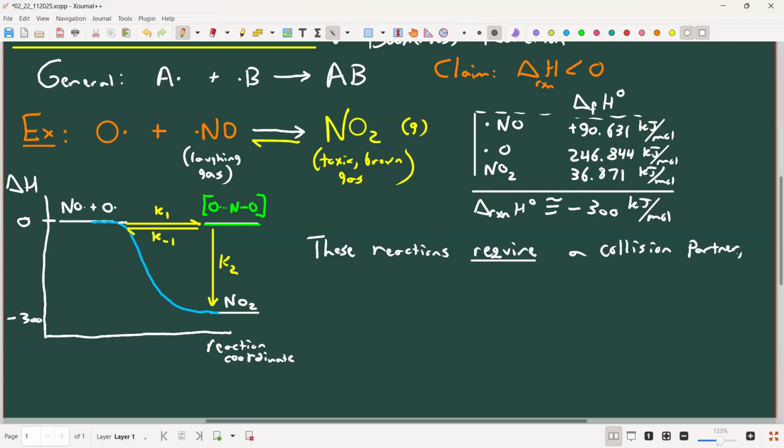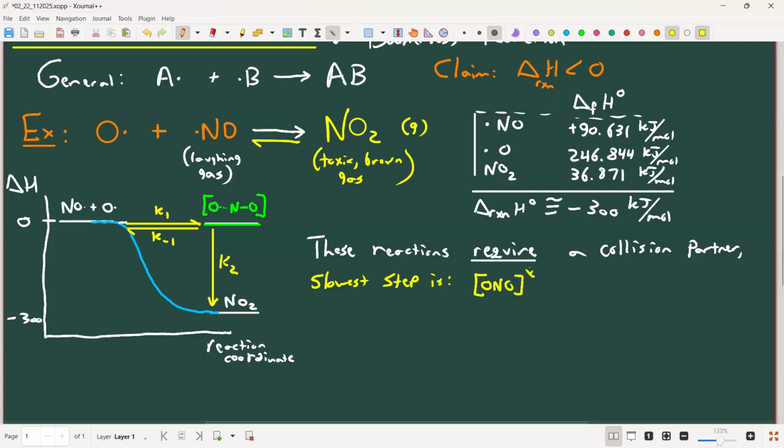So the rate limiting step, the slowest step of this process, is not getting over a barrier. It's this thing being able to collide with something. So the rate determining step, the slowest step, is where this excited ONO complex collides with some gas atom, M, and transfers energy to it.